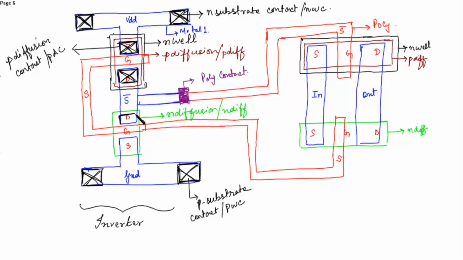Here this is the N diffusion layer in contact with the metal layer. So this is the N diffusion contact or the NDC contact.